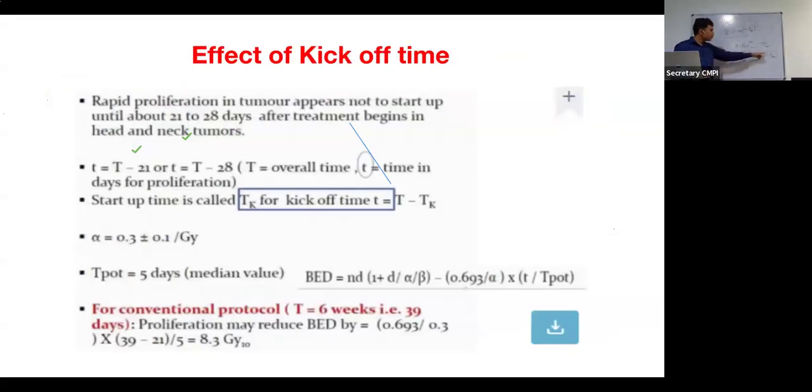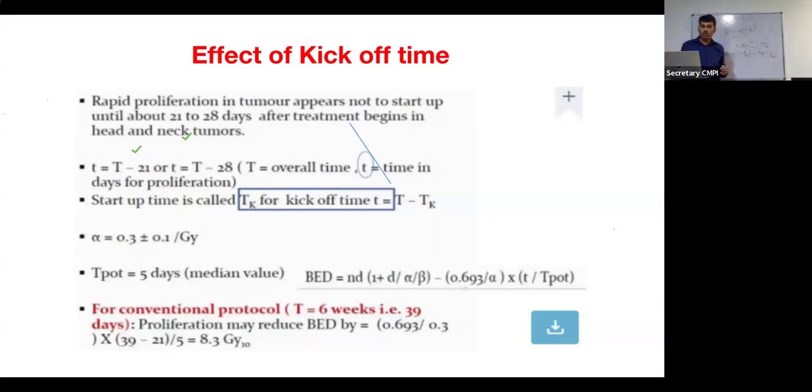And usually, if you see the tumors, the head and neck tumors and all, where more proliferation happens, the doubling won't happen from day one onwards. The tumor starts to proliferate after 21 days or 28 days of the treatment. So that time is called the kickoff time.